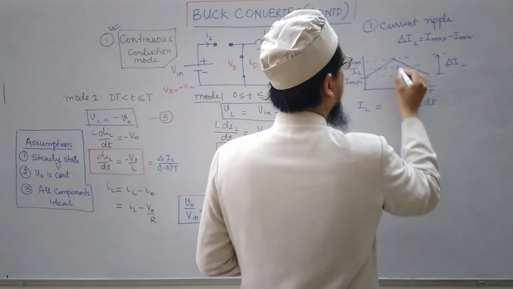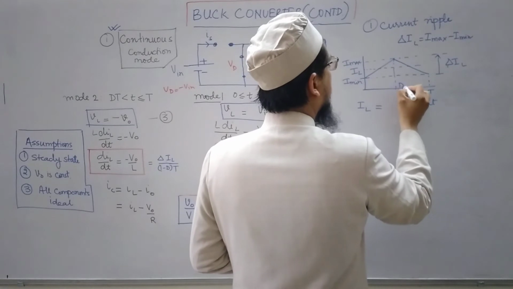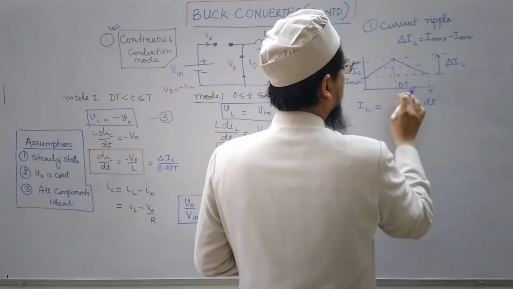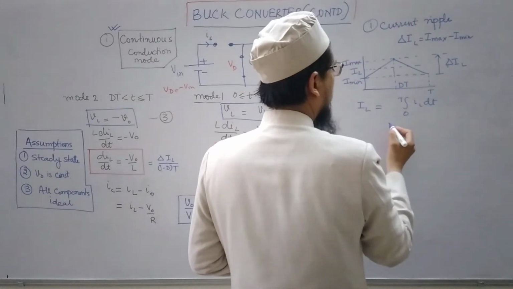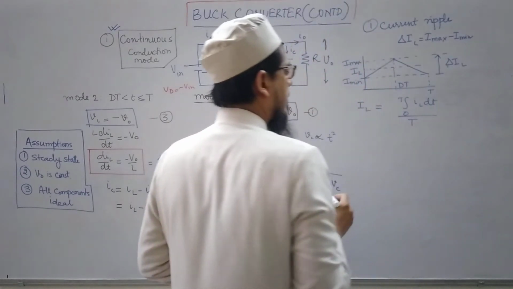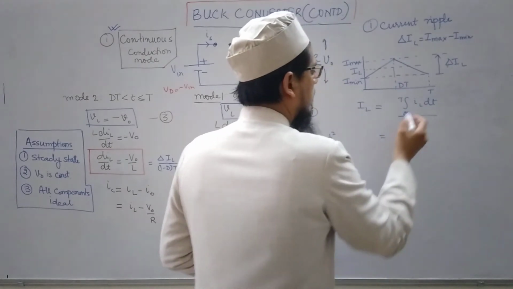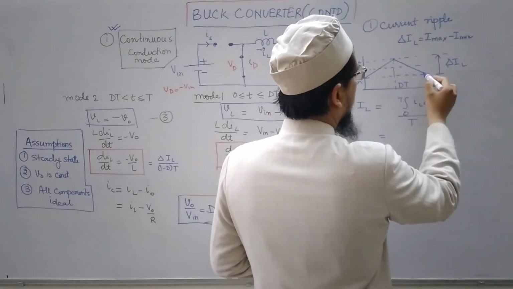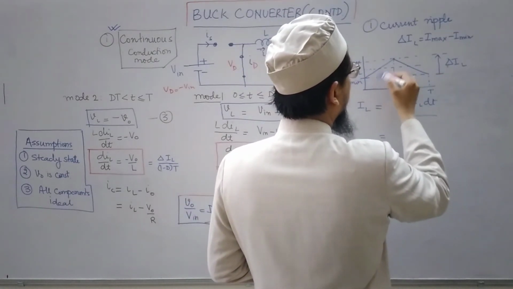This is T time and this is your dt time. So integration from 0 to T, divided by T. So this will be equal to, now integration of IL is basically the area under this curve.